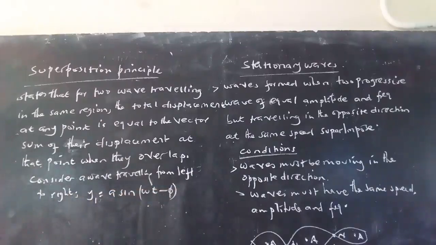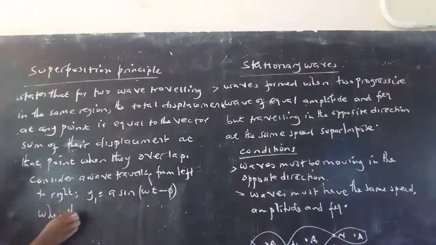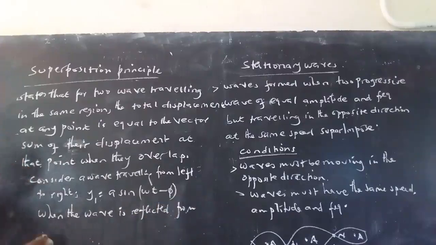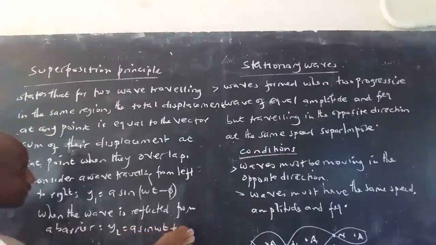Then this very wave is going to be reflected, maybe from a barrier. When the wave is reflected, we shall have y2 as A sin(omega t plus phi).